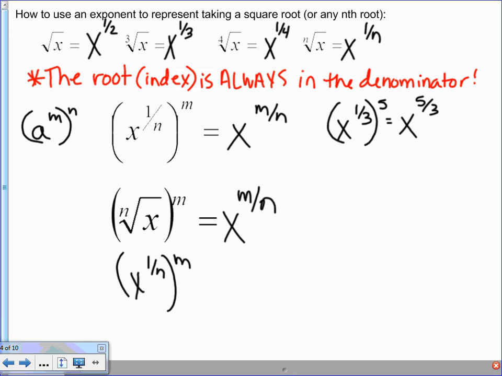Because we could substitute that piece on the left from the line above it. We could replace the nth root of x with x to the 1 over n. It really is just x to the m over n. Okay. So this piece right here in your notes, maybe box, circle, highlight. And this is very important.